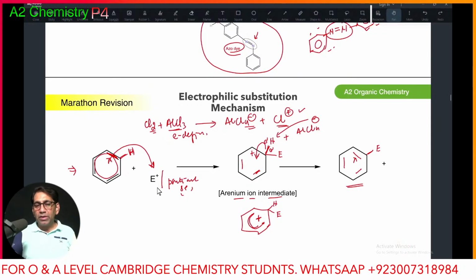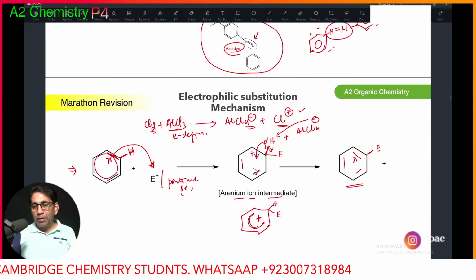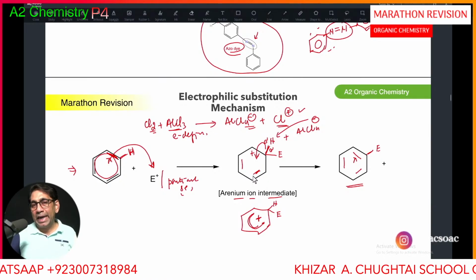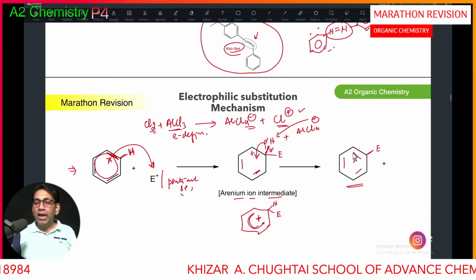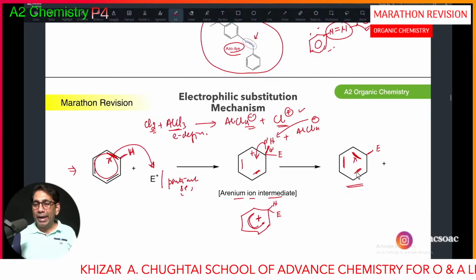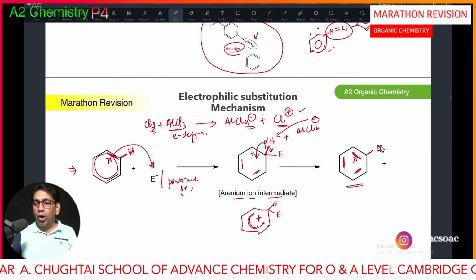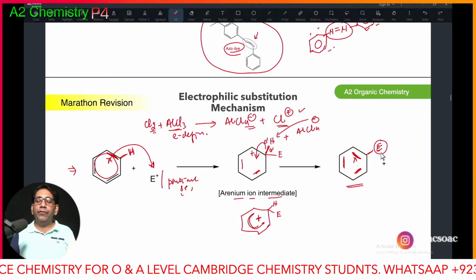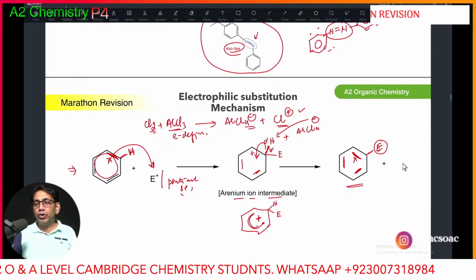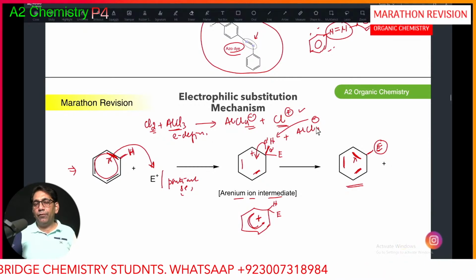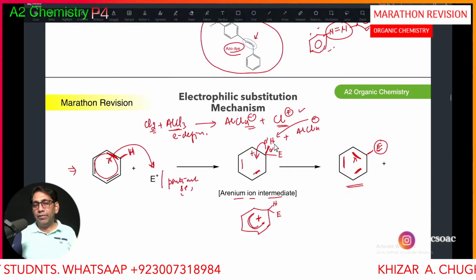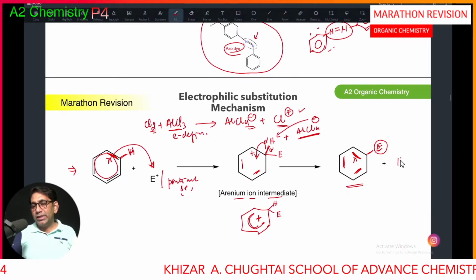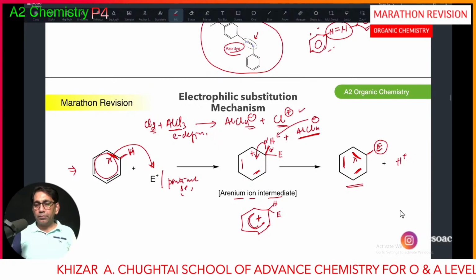During the course of this reaction, there is a little bit of disruption of the aromatic character in the benzene ring, but it has restored its aromatic character again. But now it is having a new group on it as a substitution of hydrogen. If you are not using AlCl4, then you will simply write H positive ion.